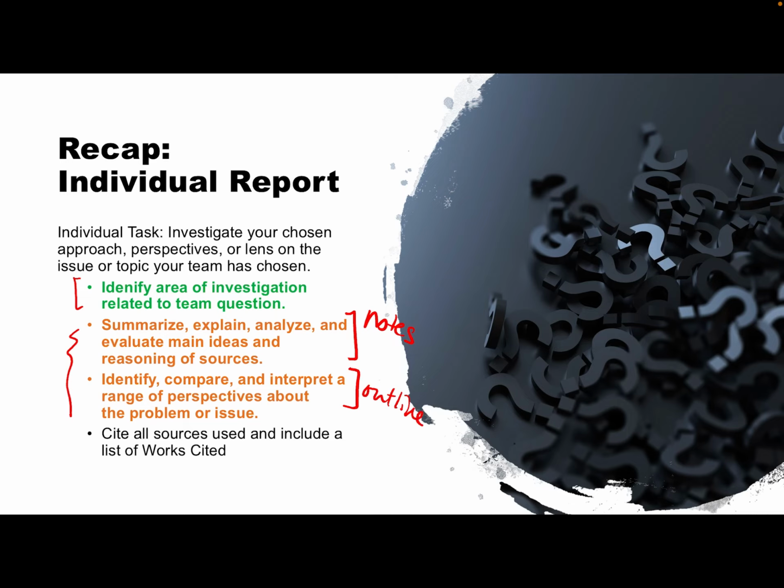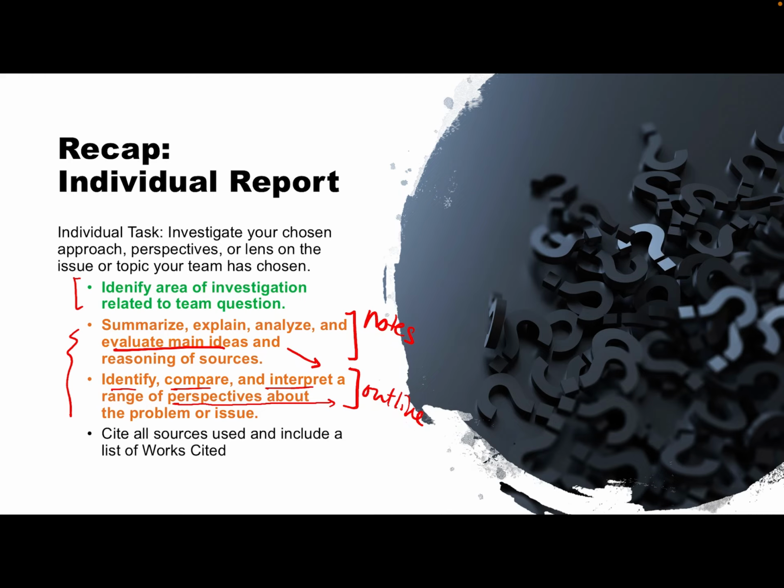So we're starting to identify and compare and interpret those perspectives. Okay, so the notes and choosing which evidence for evaluating the main ideas will go into our comparing and interpreting the perspectives about the issue.